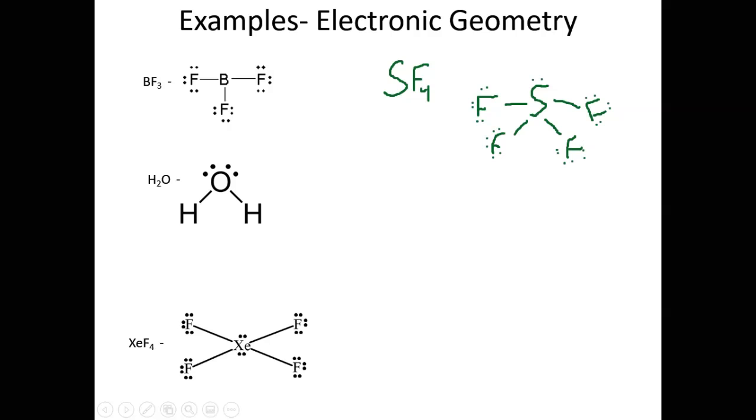But this is the Lewis structure of SF4. So now if we count the pairs of electrons around the central atom, we have 1, 2, 3, 4, and 5. So we have 5 electron pairs.